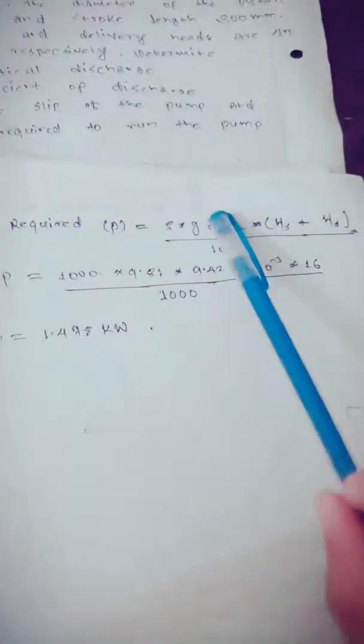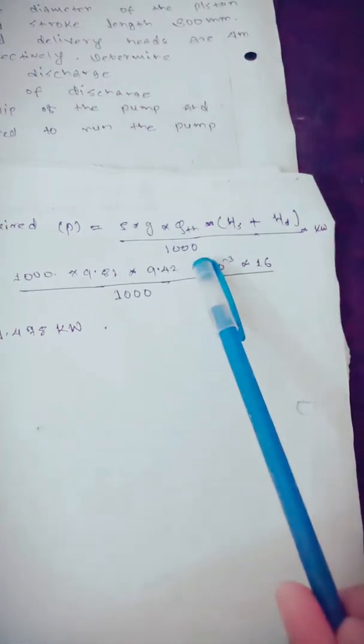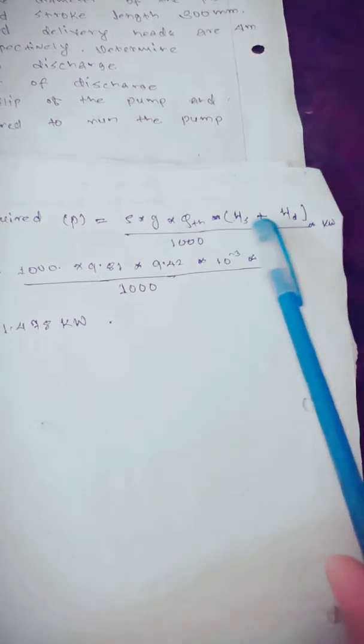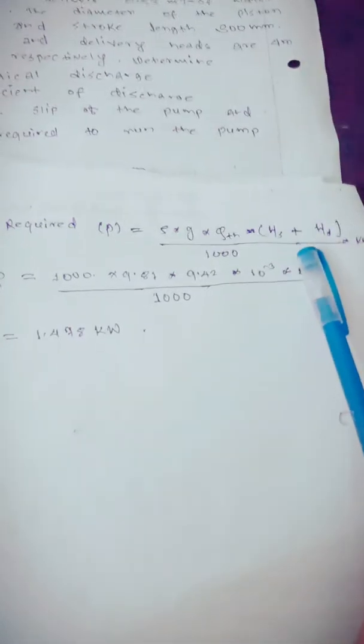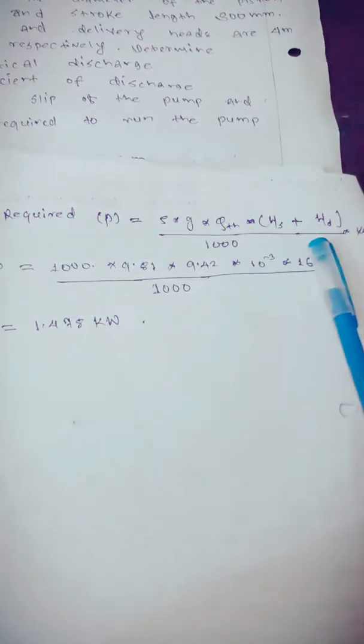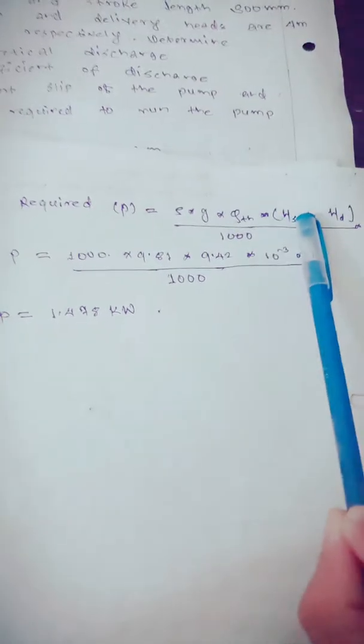The theoretical discharge value is 9.42 into 10 power minus 3. Then suction head plus delivery head: 4 meter plus 12 meter is equal to 16 meter. So this is the total head.